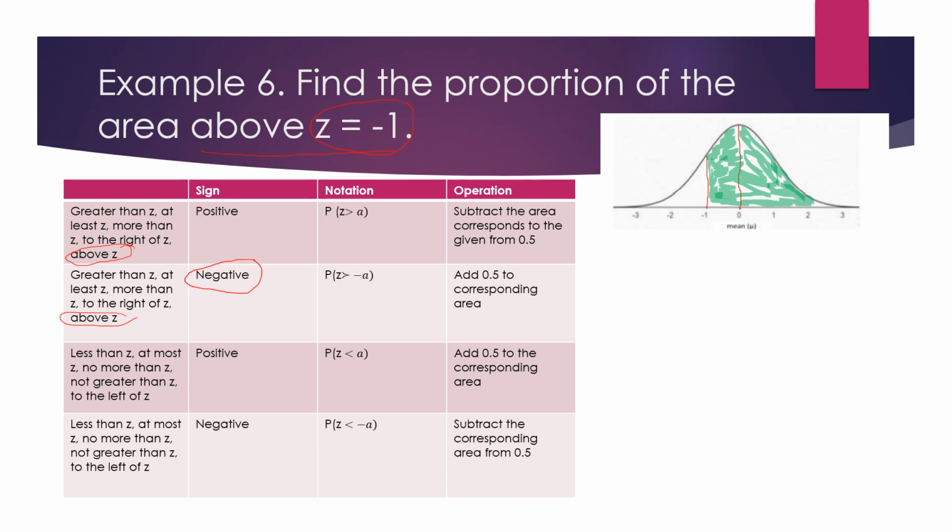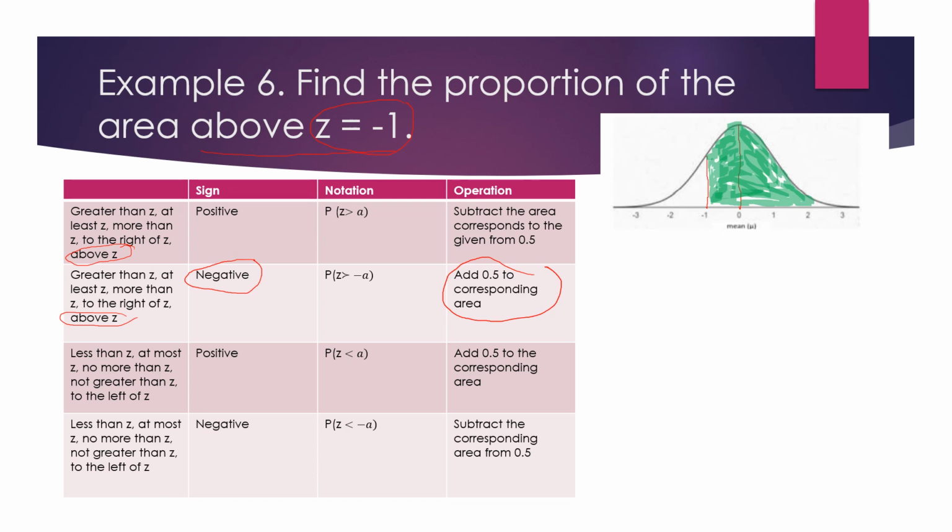So, what is now the area of the shaded region? From here, it says to add 0.5 to the corresponding area.